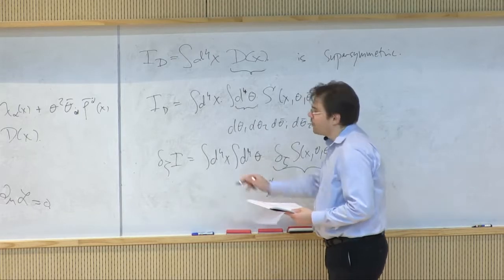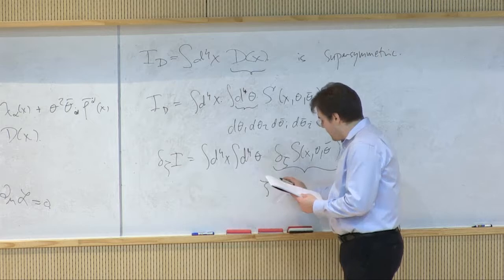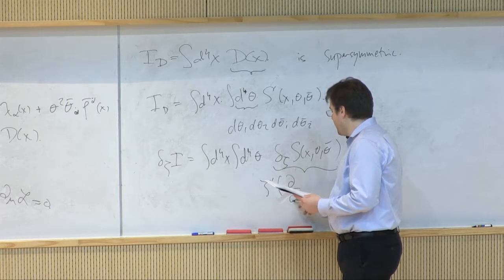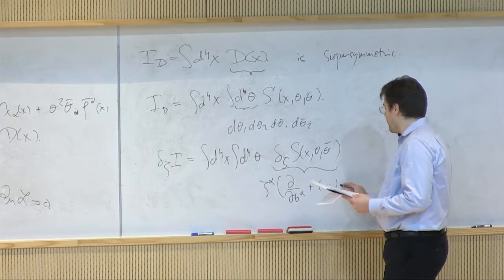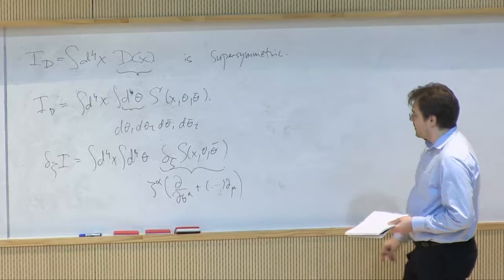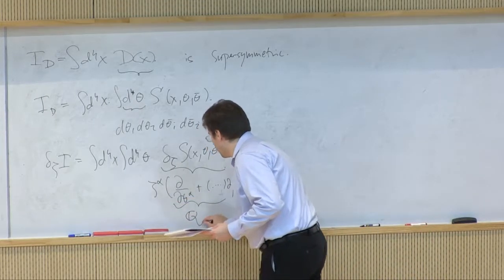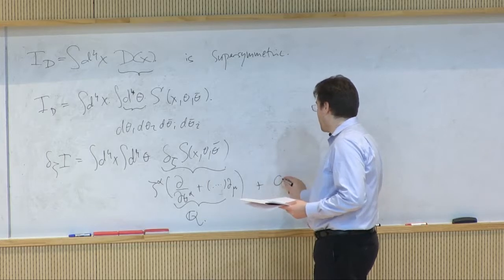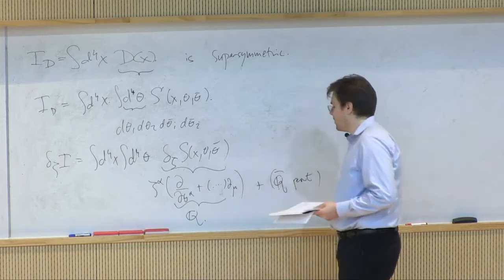So if you look over there on the very left, the formulas for Q tell you that Q involves a dd theta differential operator and also some other differential operator that involves a space-time derivative. Okay, this is the Q part. And then there's a similar Q bar part, which I'll not write out explicitly.